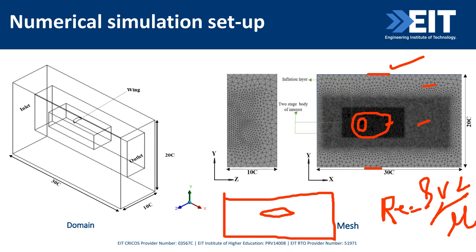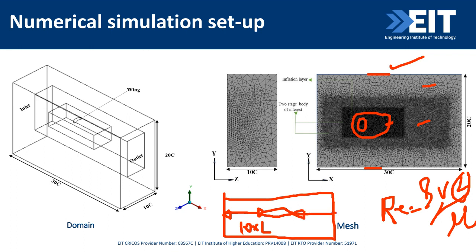From that point to that point, from the leading edge to the inlet, the domain should be 10 times the characteristic length. What is characteristic length? In the case of an aerofoil, that is the chord length.